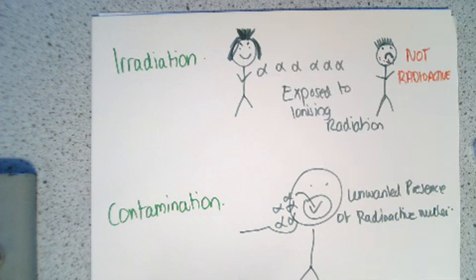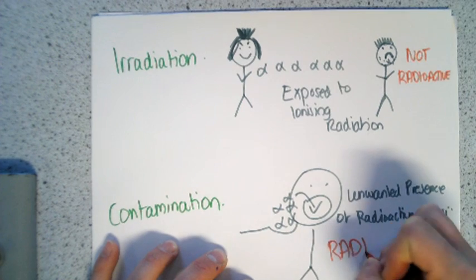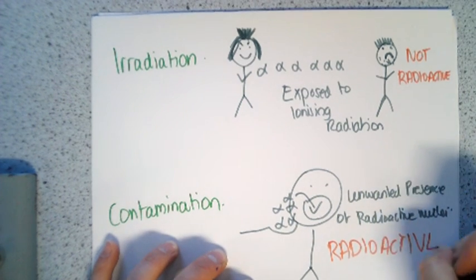So if, for example, you went to Chernobyl and rolled about in the power plant, starfished on the floor, made some radiation angels, you will be contaminated because you have got the unwanted presence of those radioactive nuclei physically in your body. If you just stand near to it, you will be irradiated. The biggest one here is you are now radioactive.